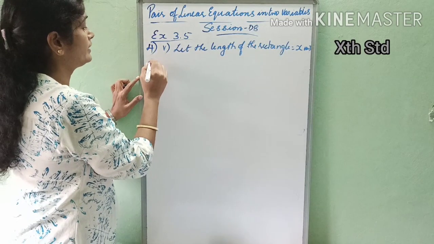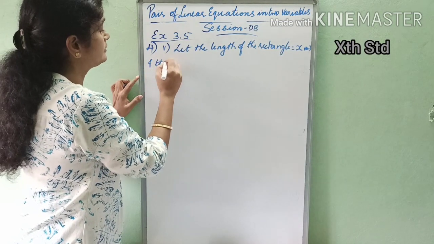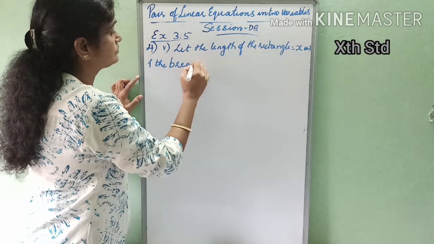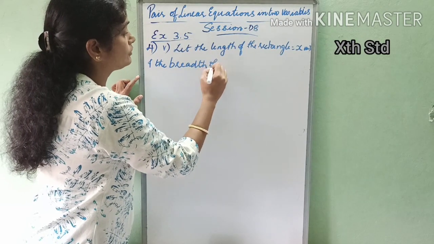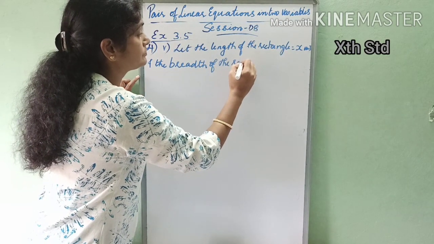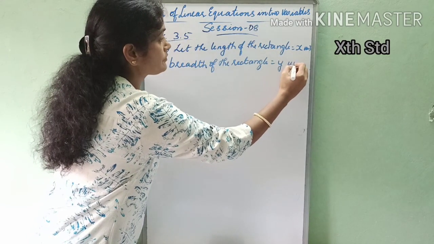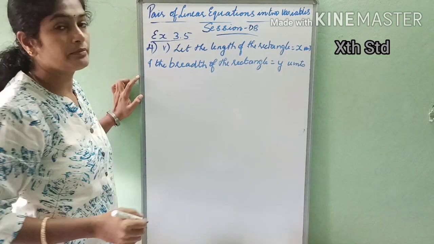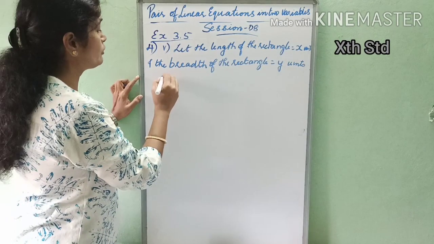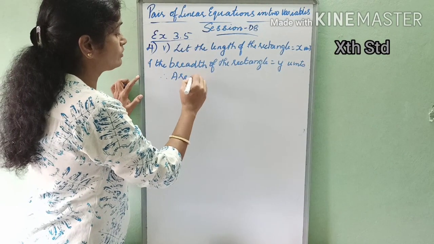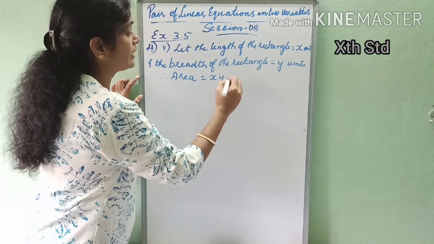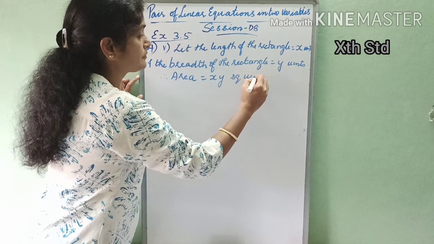And the breadth of the rectangle equal to y units. If length is x units and breadth is y units, then the area is equal to x into y square units.